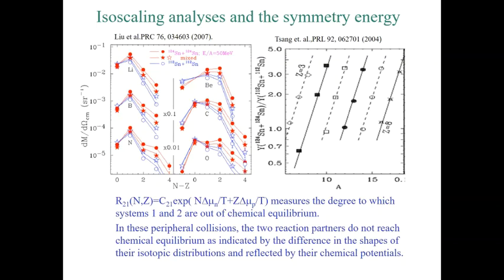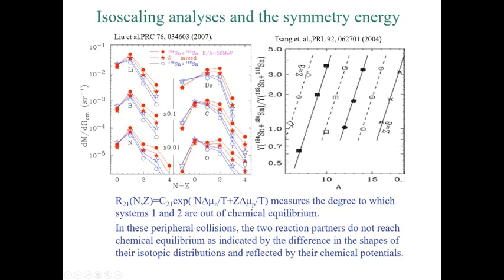The abundances reflect all sorts of things, not just chemical potentials. They reflect binding energies, they reflect temperature, etc. On the left-hand side, each one of these points is a ratio of the lithium-6 yield in one system over the lithium-6 yield in the second system.